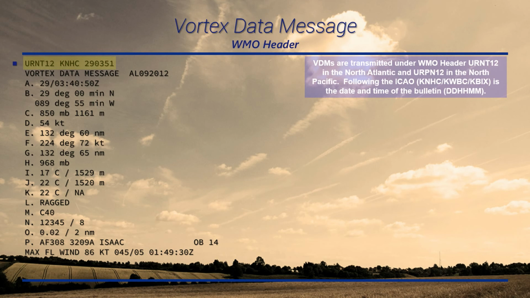Start off with the standard WMO header, followed by the date and time of the bulletin. Note that the bulletin will usually be about 10-15 minutes after the actual fix. And that gives the crews some time to input all the information, make sure it's correct, get the actual splash of the drops on, all that good information.